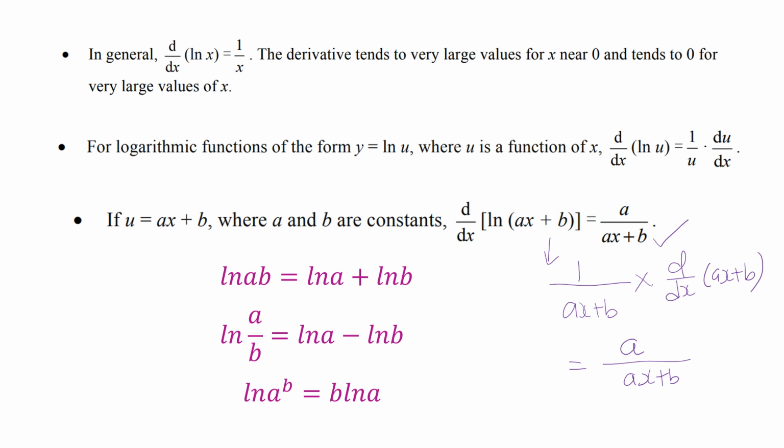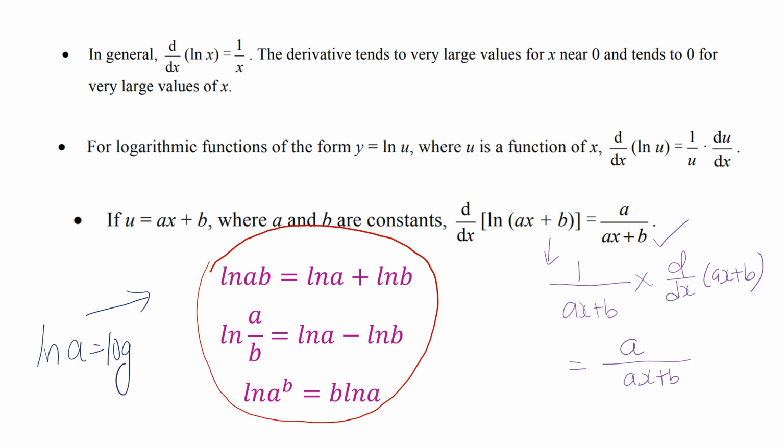And for logarithmic functions, before we find the derivative, it's always a good practice to apply any of these three laws here to simplify the logarithmic functions. So basically let's quickly go through the laws. If you have ln AB, that will be ln A plus ln B, and ln A divided by B will give you ln A minus ln B. And if you have ln A to the power B, that will give you B ln A. And another thing to take note is ln A is just basically log base e.